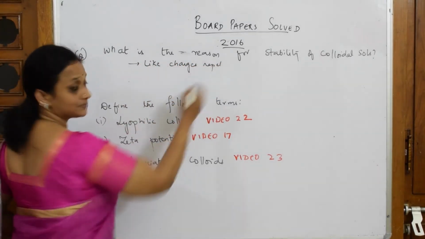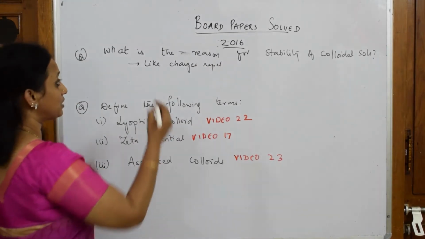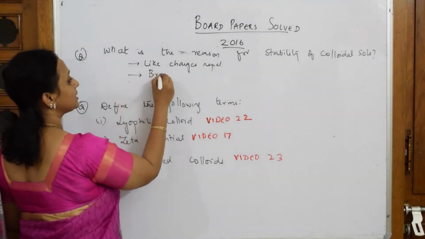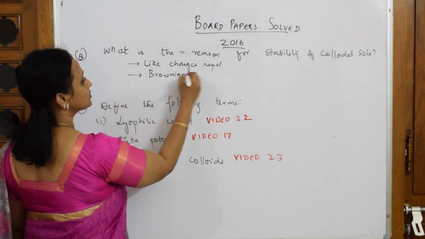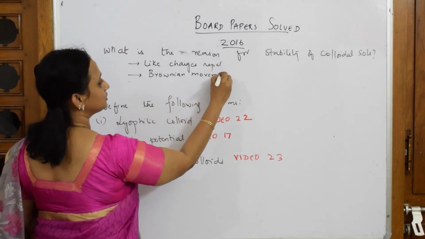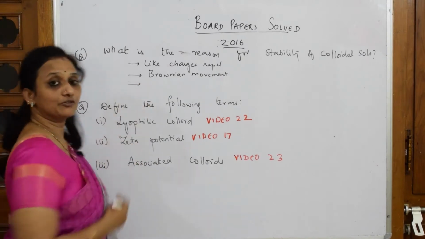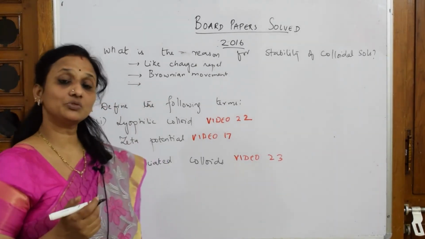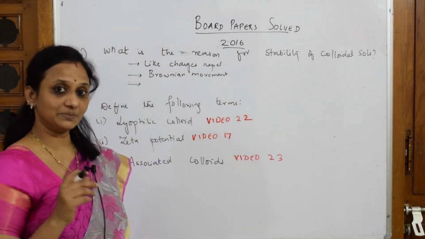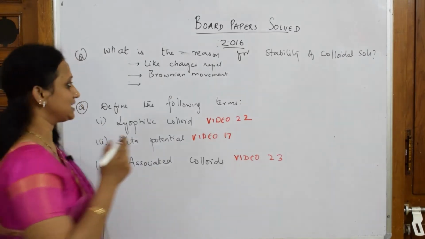This is one reason. Then you can also write that stability can be explained by Brownian movement also. This is also one more reason which I explained you already. One more reason for stability of colloids, any one can be written, is basically solvation. What is solvation? I'll tell you.